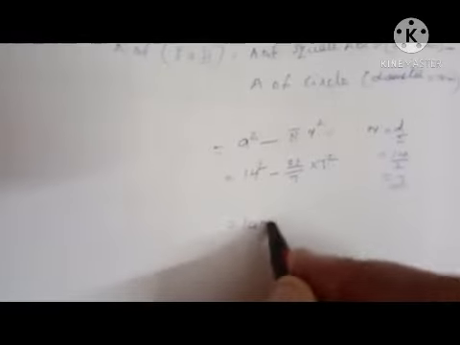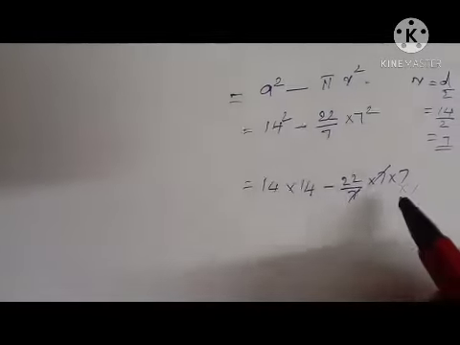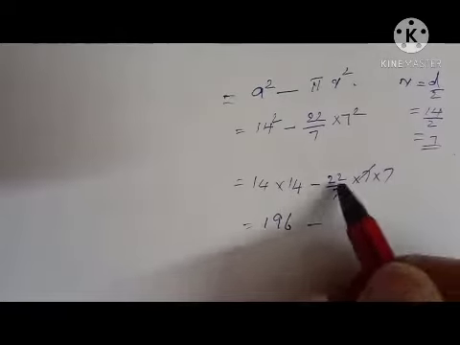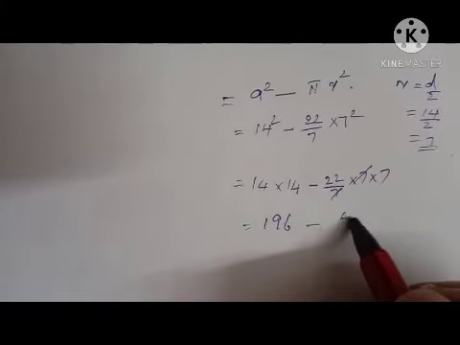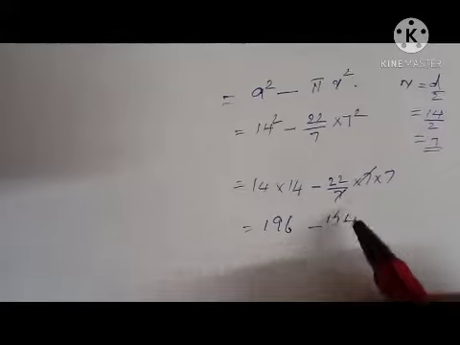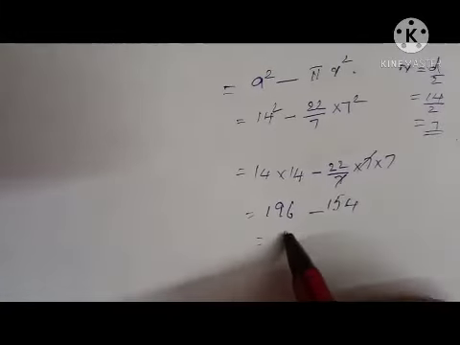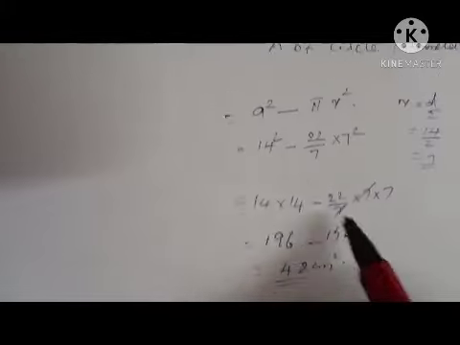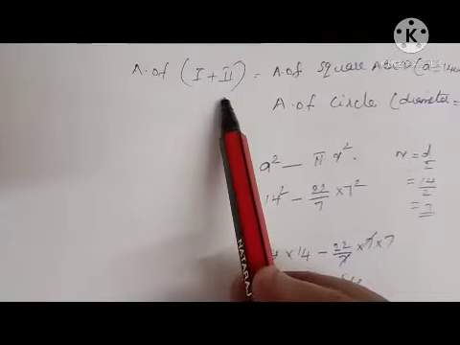So 14 into 14 minus 22 by 7 into 7 into 7. Okay, then here we can cut these two 7s. Next 14 into 14 is 196 minus 22 into 7 is 154. That is equal 42 centimeter square is the area of first and second part together.